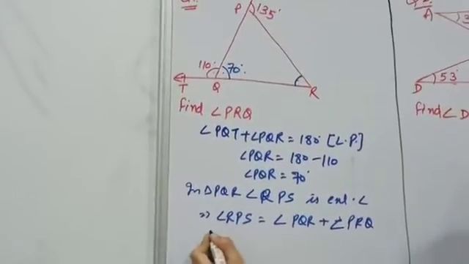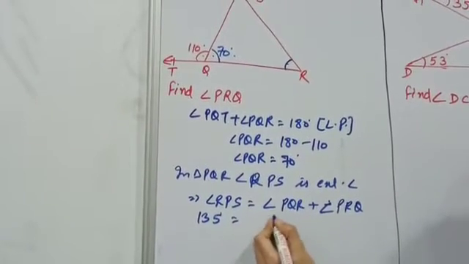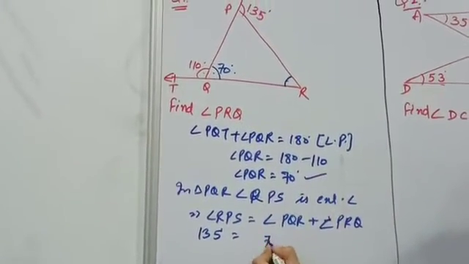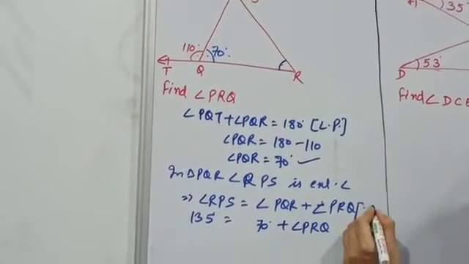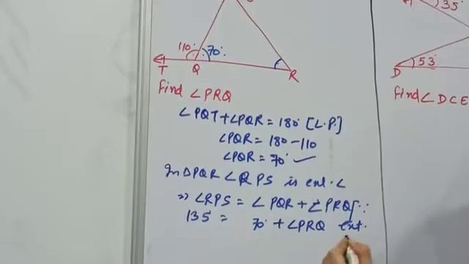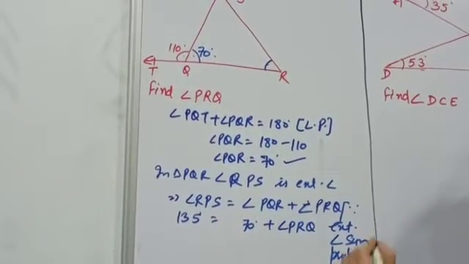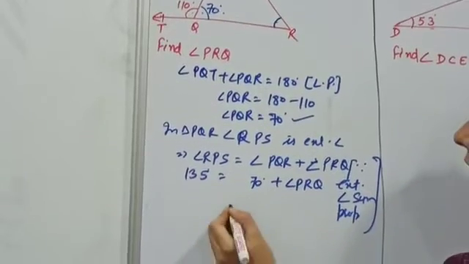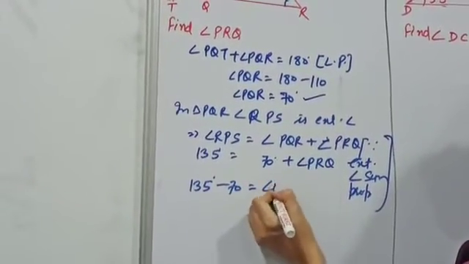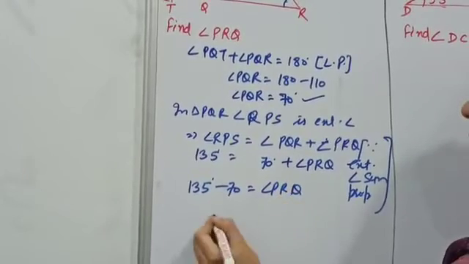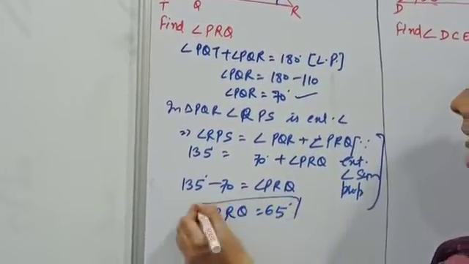This value we have been given, that is 135, is equal to this value we confirmed, that is 70 degrees, plus angle PRQ, which we want to find. Here we write the reason as exterior angle sum property. Then 135 degrees minus 70 degrees is equal to angle PRQ, or we can say angle PRQ will be 65 degrees, that is the answer.